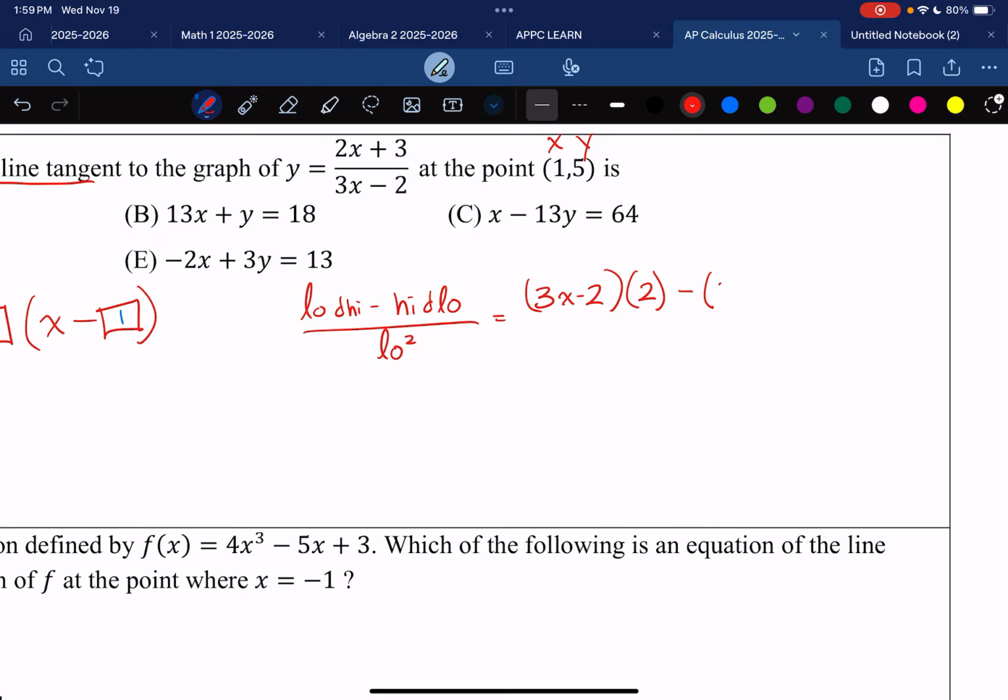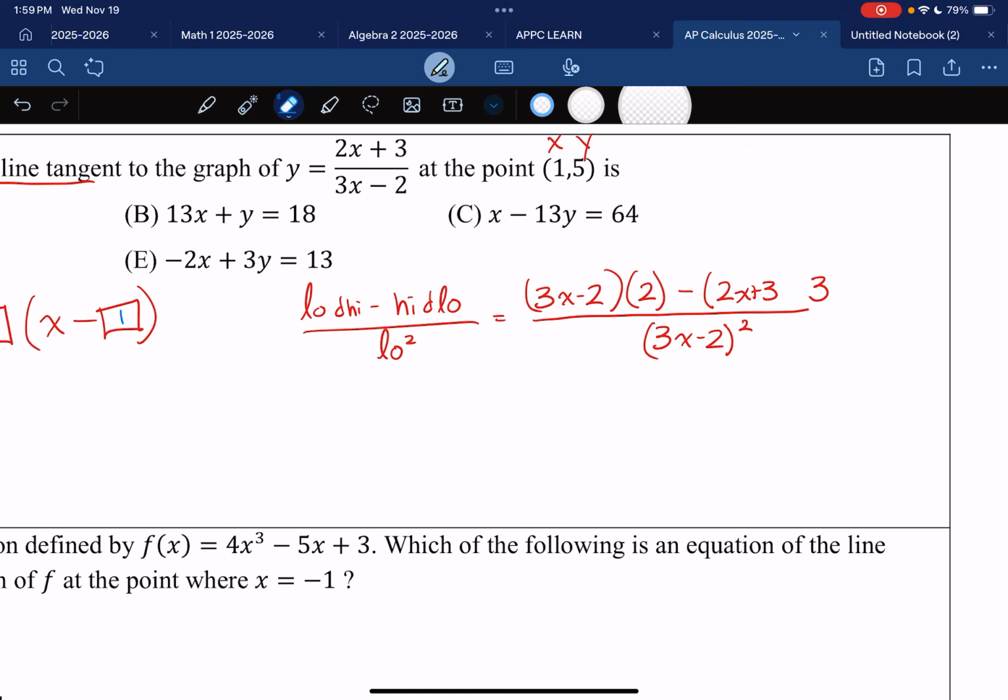High is the numerator, 2x plus 3. And that is multiplied by the derivative of the denominator, d low, which is just 3. This is all going to be divided by low squared, which is (3x minus 2) quantity squared. And I'm realizing for the sake of consistency, I should be writing parentheses around everything.